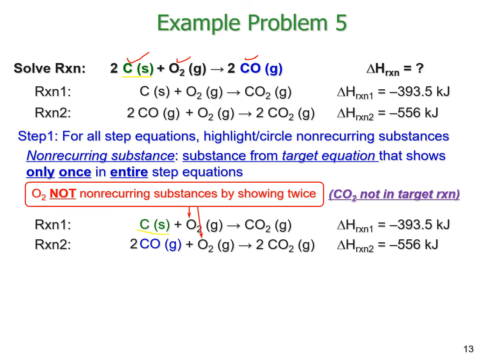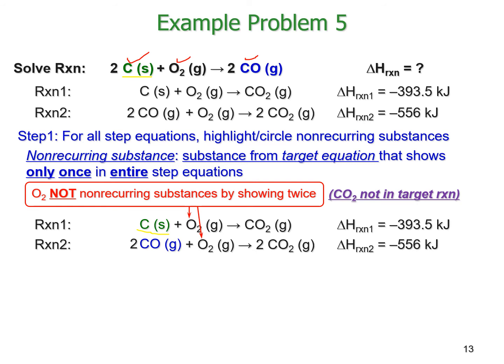People may wonder what happened to the carbon dioxide, because carbon dioxide here is a product for both step reactions. Remember, a non-recurring substance must come from the target reaction. Do we see carbon dioxide anywhere in my target equation? Of course not, so I don't care.